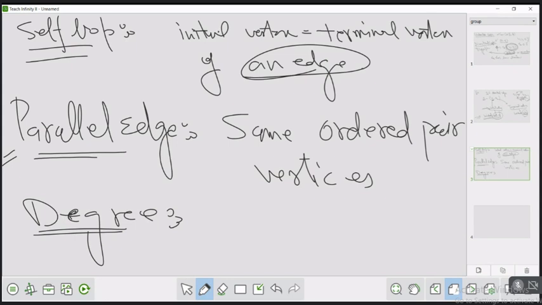Out of and into. So the degree in the directed graph has two types, out degree and in degree. I am coming. Out degree and in degree.